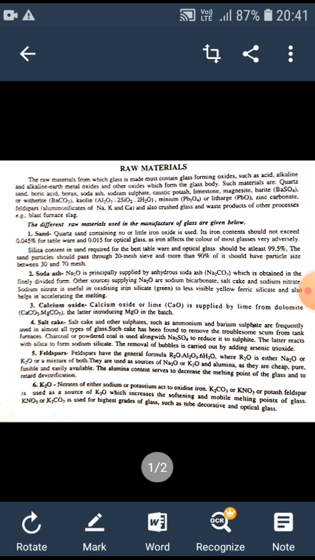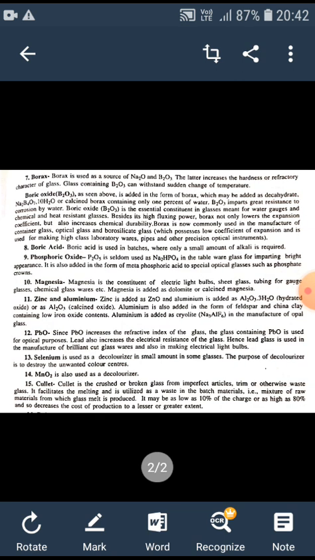The alumina content serves to decrease the melting point of the glass and to retard devitrification. Potassium oxide. Nitrates of either sodium or potassium act to oxidize iron.